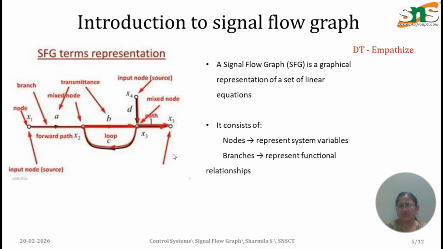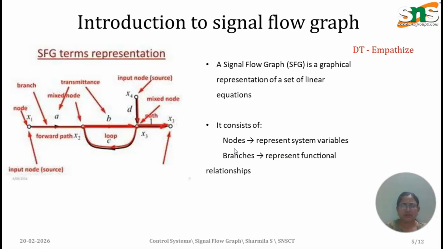The elements of signal flow graph: the first one is nodes. Nodes represent system variables. There are different types of nodes: input node, output node, and intermediate node. Each node represents a variable such as x1 of s, x2 of s or y of s. Let's come to the branches.